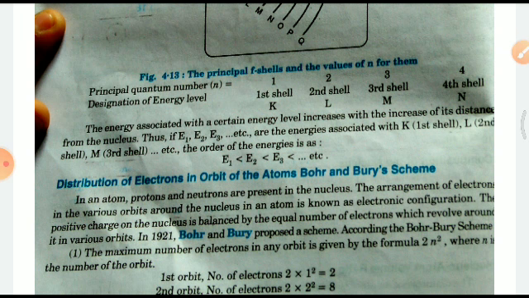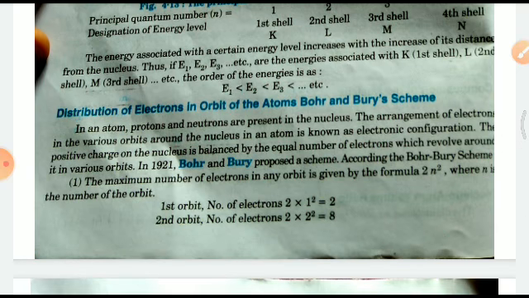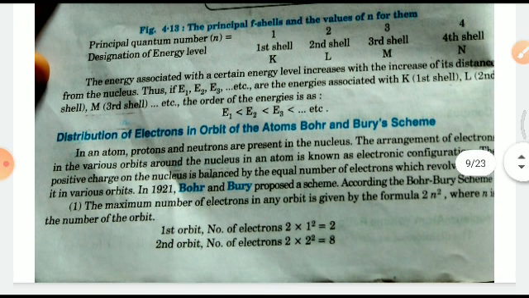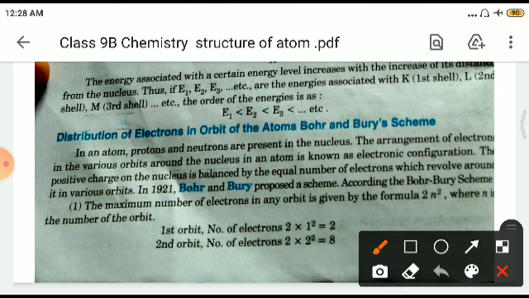The energy associated with an energy level increases with its distance from the nucleus. Now for the distribution of these electrons, he gave a formula, 2n squared, where n is the number of that energy level. For the first, n was 1, so he found that in the first orbit the number of electrons will be 2.